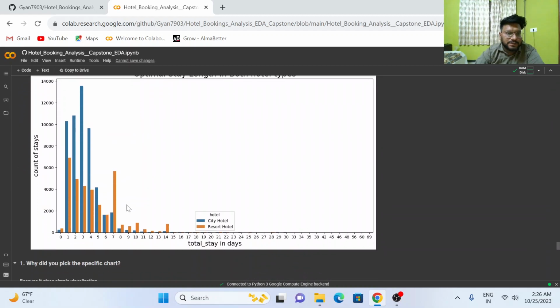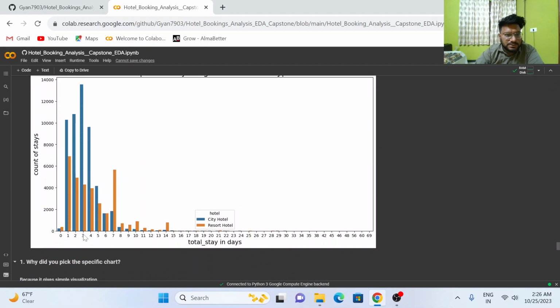So we can clearly see over here, if we look at city hotels, 3 days is the maximum number of days someone has spent in a city hotel. And for the resort hotel, 1 day was the highest someone has stayed over in a resort hotel.